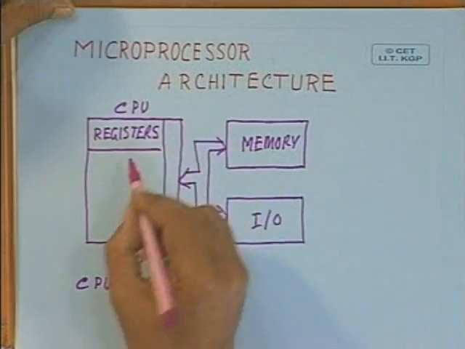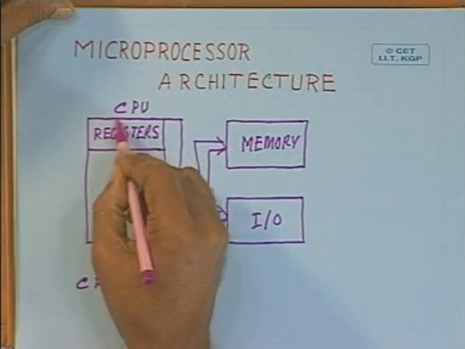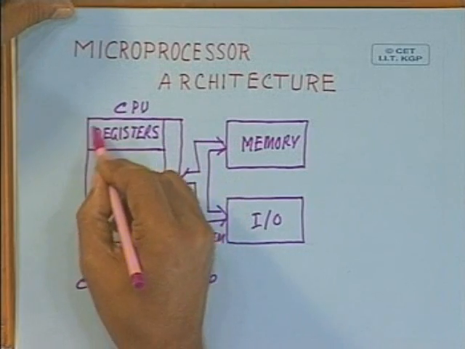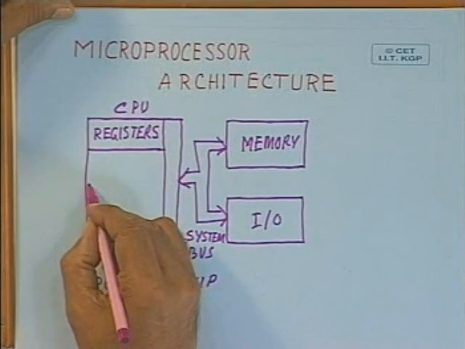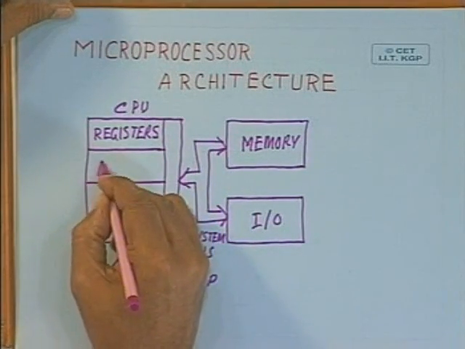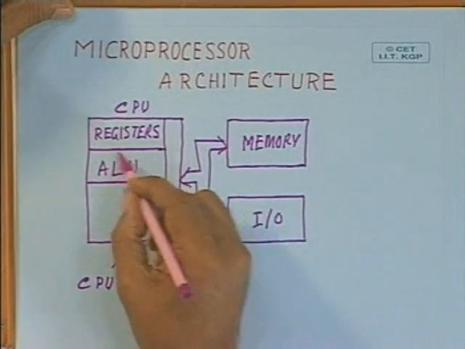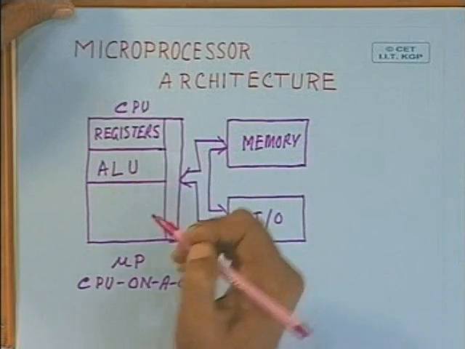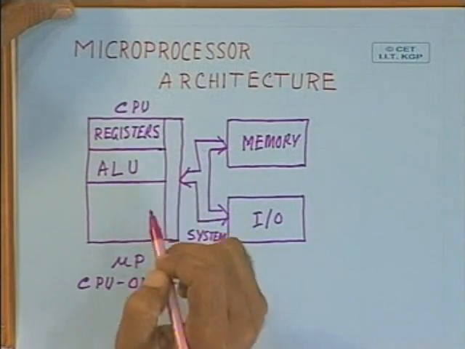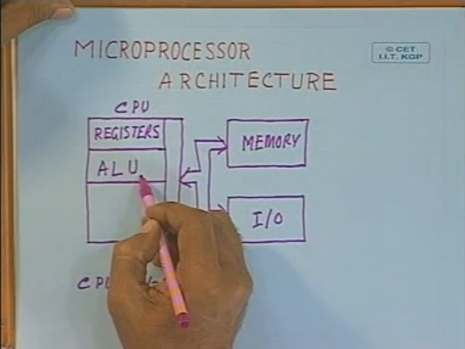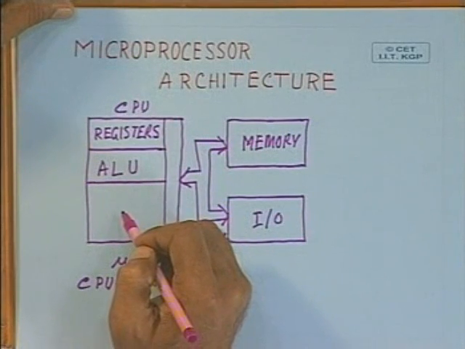Then inside the CPU they have to be temporarily stored. These are stored inside these registers. You will require an ALU, arithmetic and logic unit, which is responsible for processing the data.